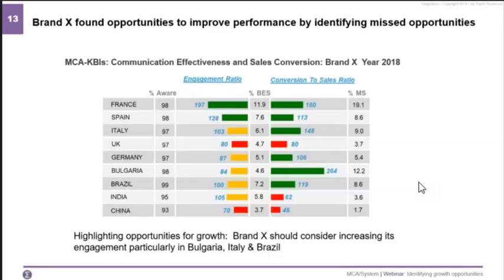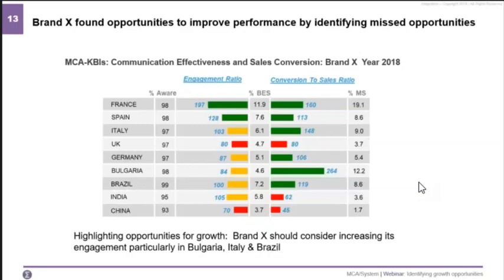We have a brand here that is operating across a large number of markets. And what we're able to do is immediately to understand on the left, how well are they communicating? So that's the same indicator of, we call it interaction ratio. In fact, this client prefers to use the term engagement, but it means the same thing. And on the right, the conversion to market share, conversion to sales ratio.